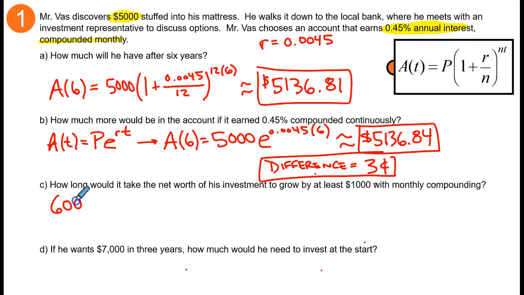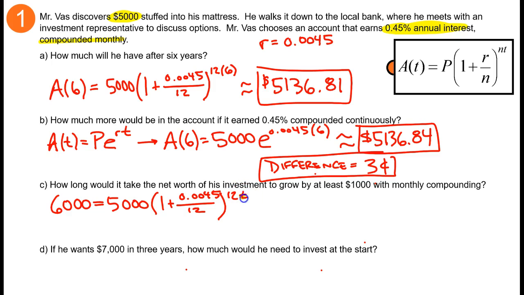It's going to look like this. It's going to be $6,000. That's the amount we're going to have after some time. It has to equal $5,000 times 1 plus 0.0045 over 12, raised to the 12t.